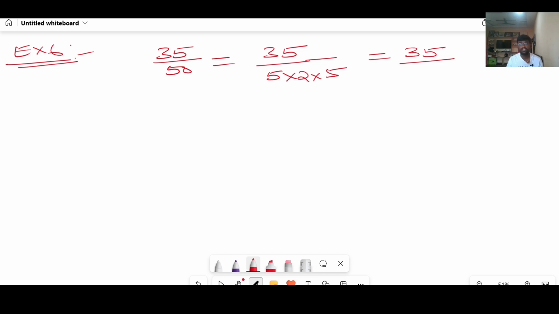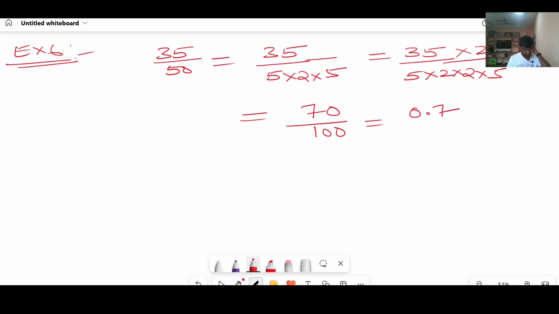Why? Because I will get 100. Since I am multiplying in the denominator, I need to multiply in the numerator. 35 into 2 is 70, and here you will get 100. You will get 0.7. Try to do the rest of the problems.